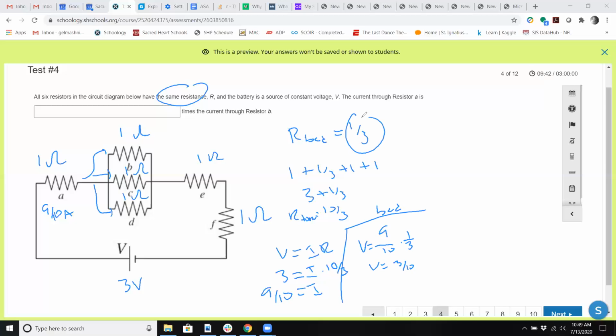However, now you have the voltage for each of those. 3/10 equals I times R, and your R is 1. So the current's still going to be 1/3 of what it was before. So yes, the answer should be 3 times as much. So I had that right. Sorry, just really roundabout with my explanation here.